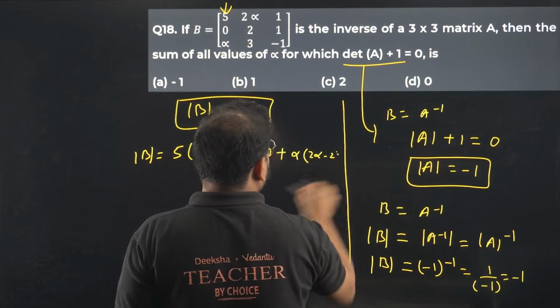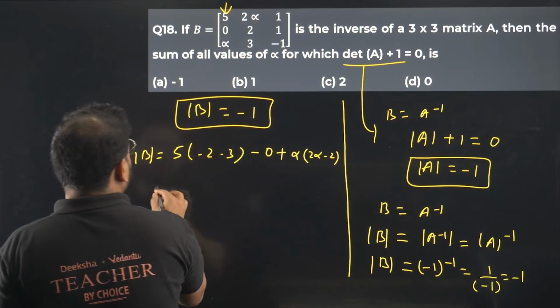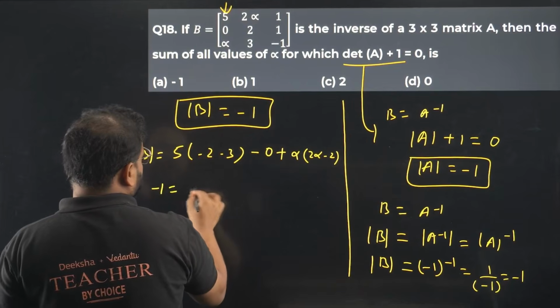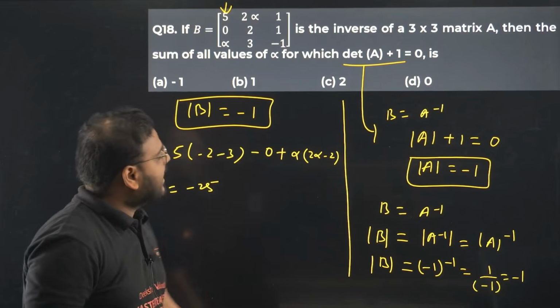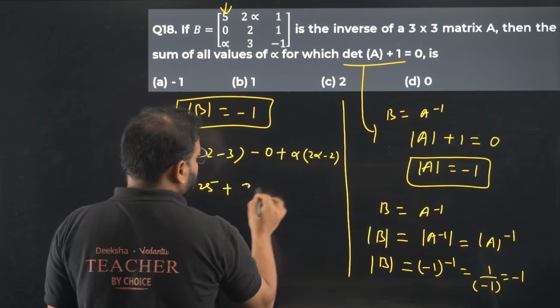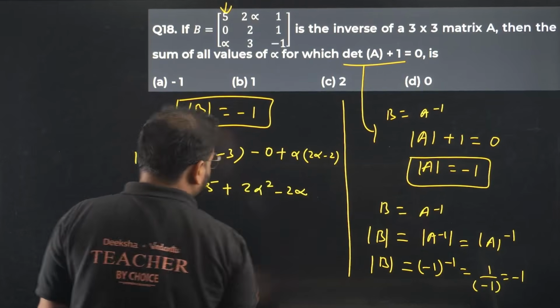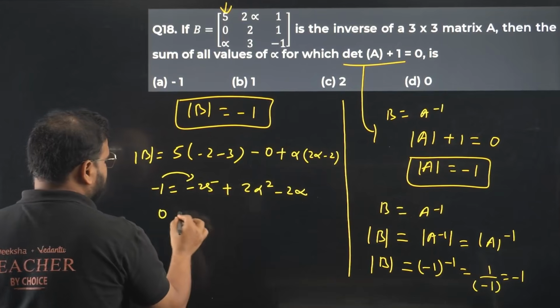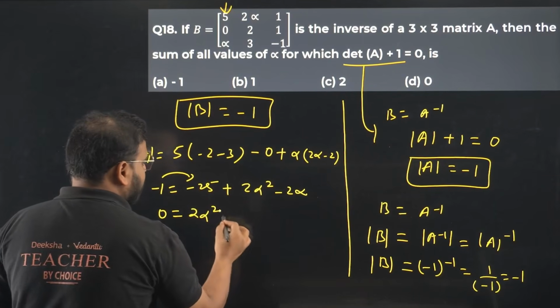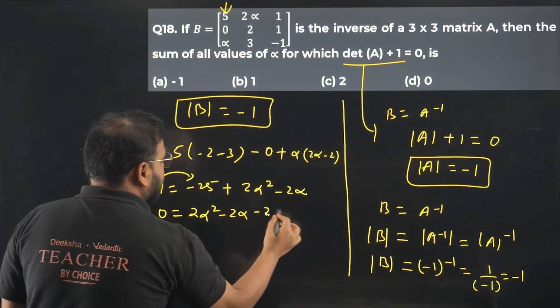I'm getting this as minus 1 equals minus 25, since minus 2 minus 3 is minus 5, plus 2 alpha square minus 2 alpha. Bring this 1 on this side, minus 1 becomes plus 1. I get 0 equals 2 alpha square minus 2 alpha minus 24.